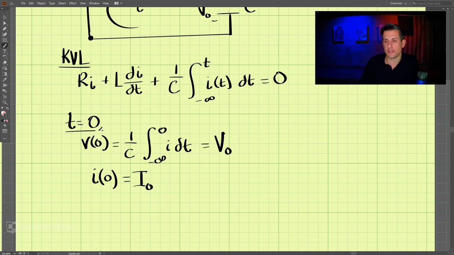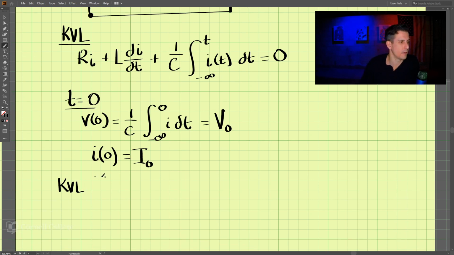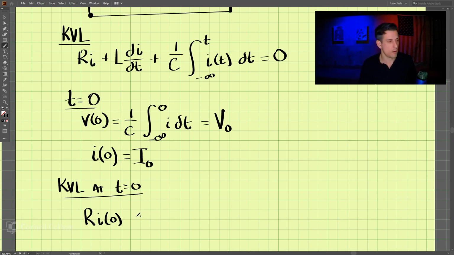So knowing these two things, we can sub into KVL at time 0. So if we do this, we get this equation. We have R times I at 0 plus L times di at time 0 dt.